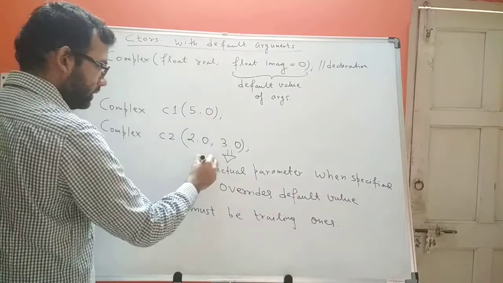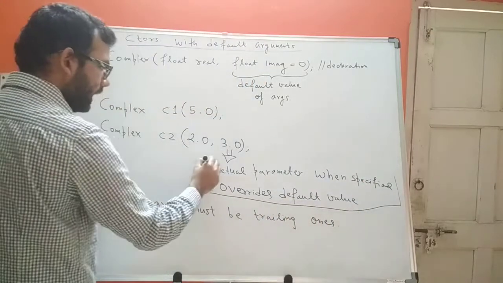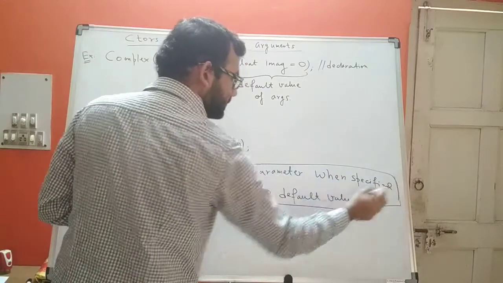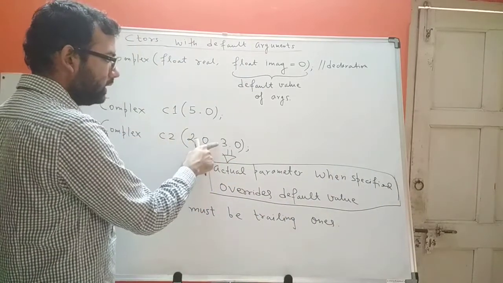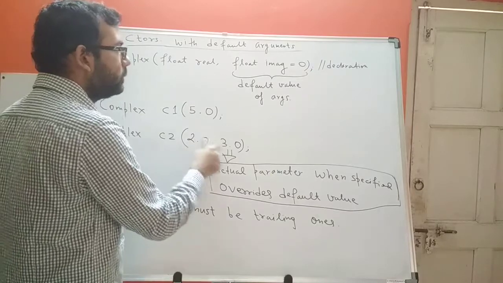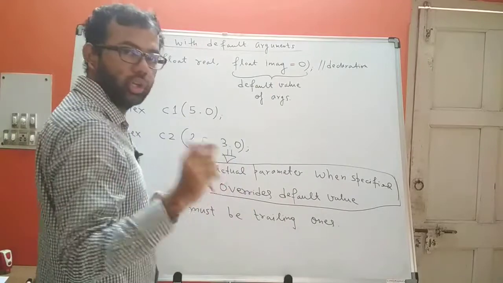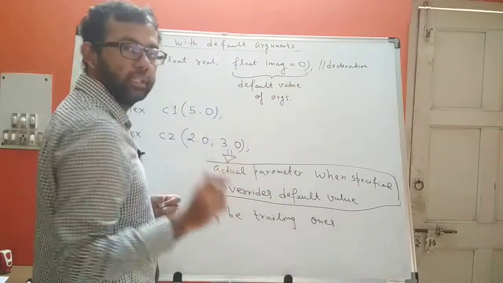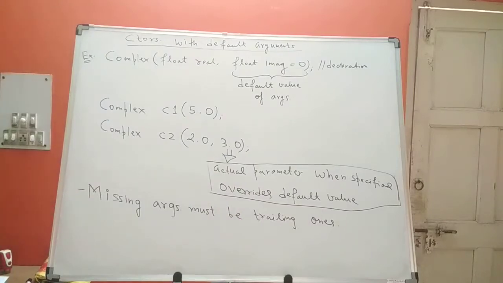See, here the actual parameter I have specified is 3.0. So it will override this default value. That means imaginary will no longer be 0, it will be replaced by 3.0. So this is how constructors with default arguments work.